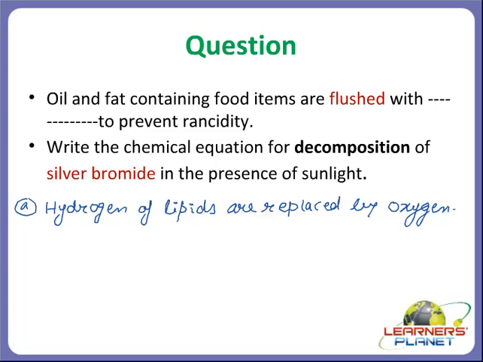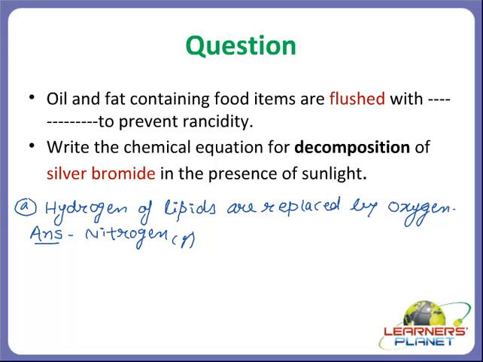Now in order to prevent that, what we have to do is put some less reactive gas there. Okay? Now the answer of this question is nitrogen. It is flushed with nitrogen gas. Right, children?